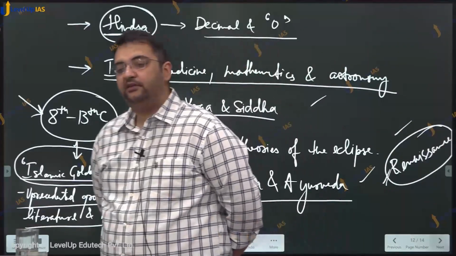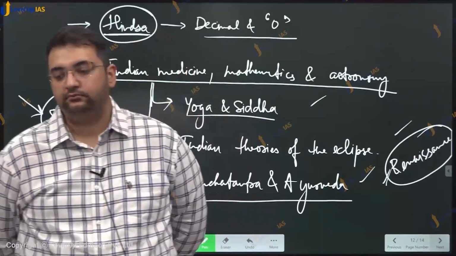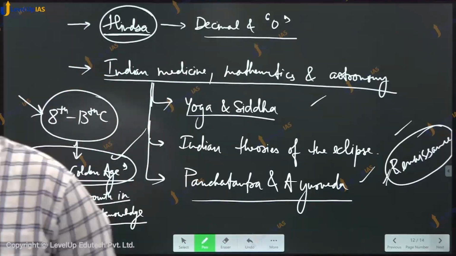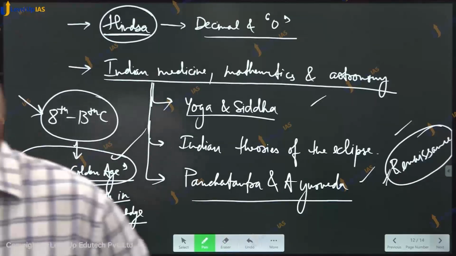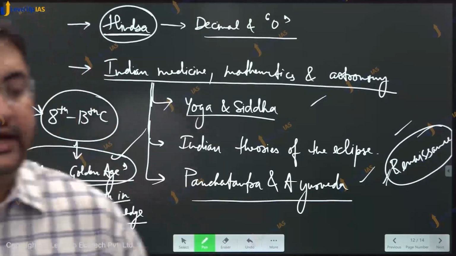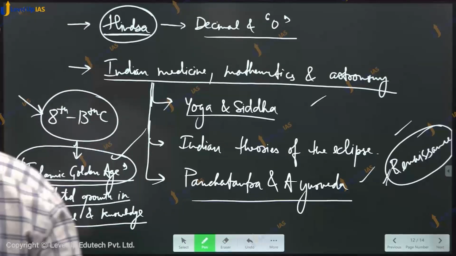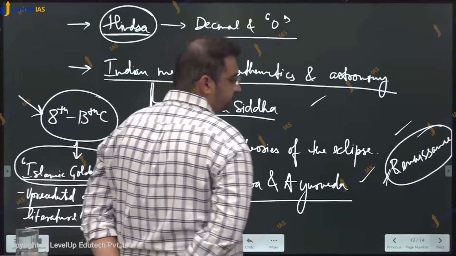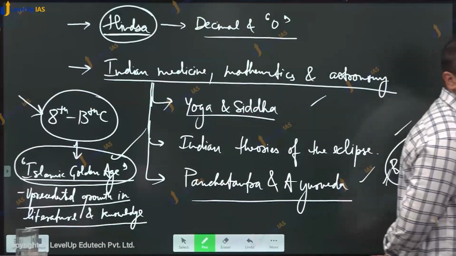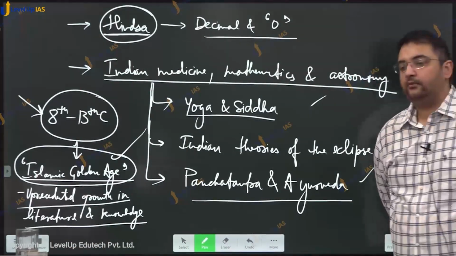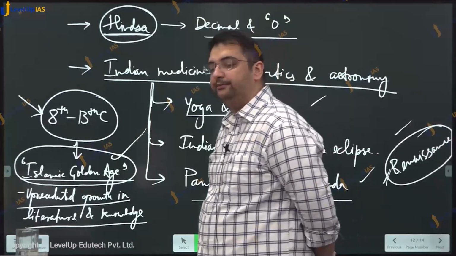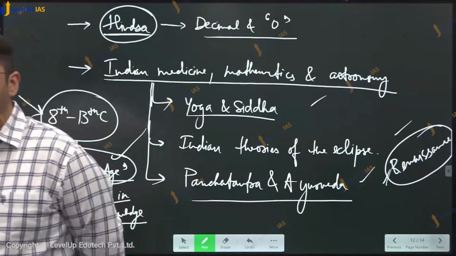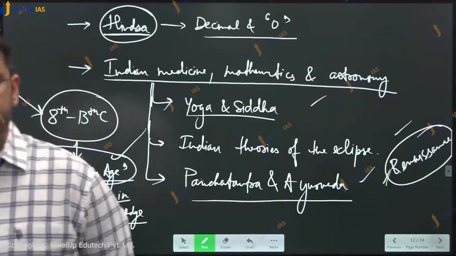Next sub point. Therefore, the role of the Indian civilization to the so-called Islamic Golden Age cannot be ignored. Next sub point.